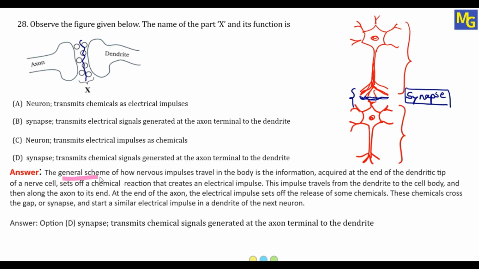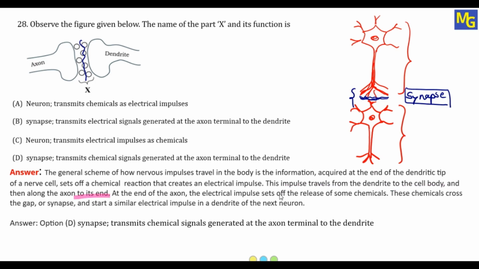the general scheme of how nervous impulse travels in the body is: the information acquired at the end of the dendritic tip of the nerve cell sets off a chemical reaction that creates an electrical impulse. This impulse travels from dendrites to the cell body and then along the axon to its end.